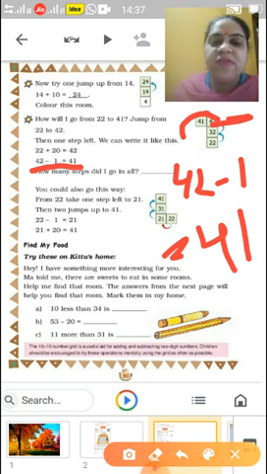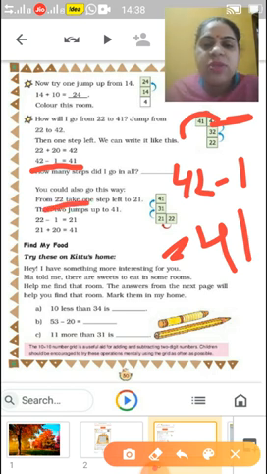Now you can see in all how many steps he was going? Yes, you are correct. He was going 21 steps in all. When he was jumping from 22, he took one step to the left. So it is 21.